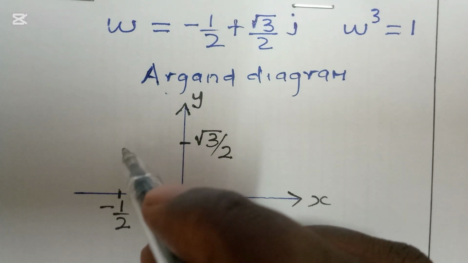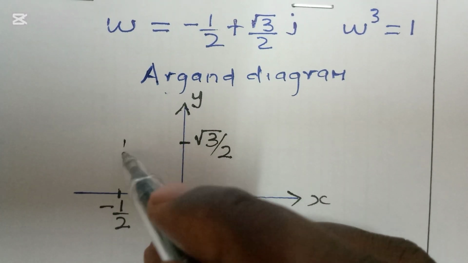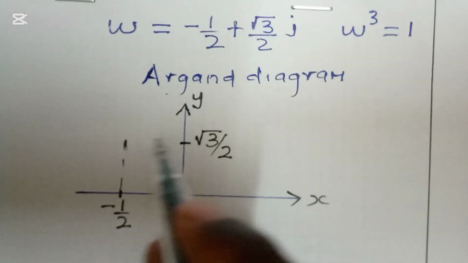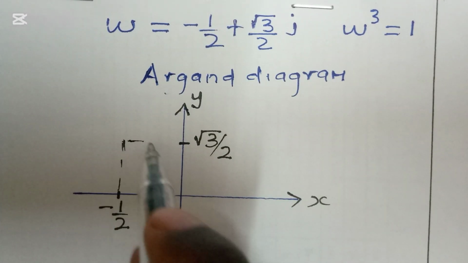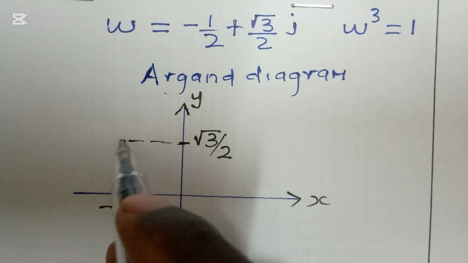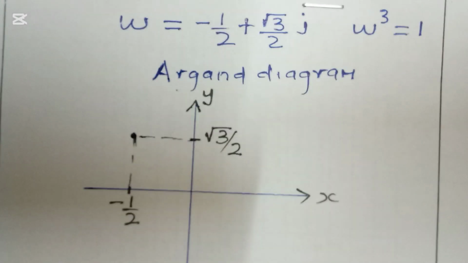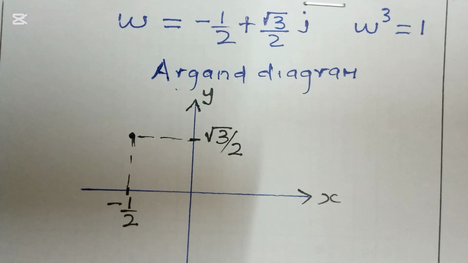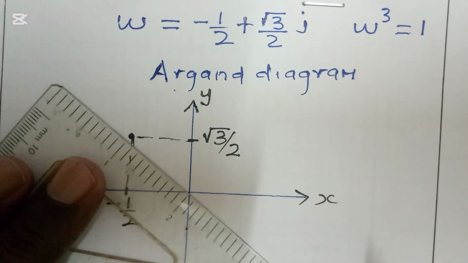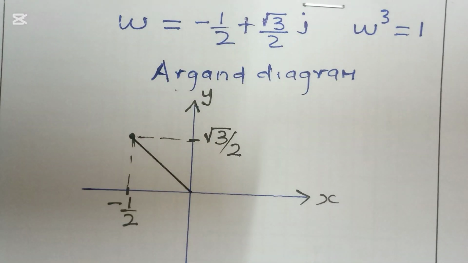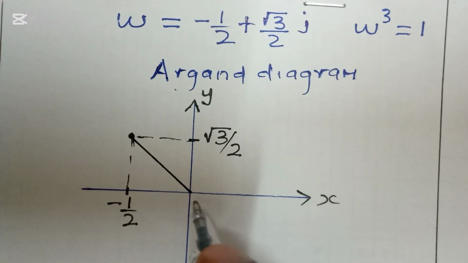So guys, we can now draw a straight line, and wherever they meet, we have our point. This is our point we are talking about. And now guys, we can also draw the magnitude of that point from the origin, which is O. This is O, our origin.